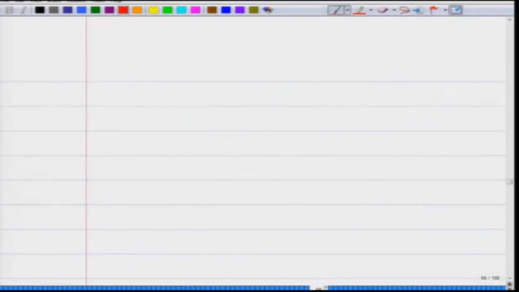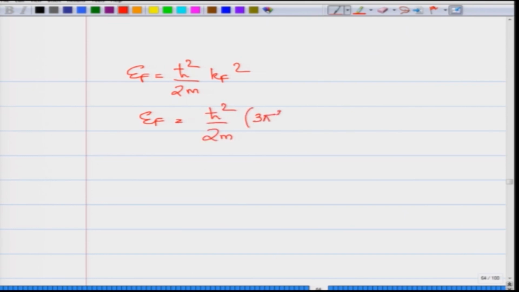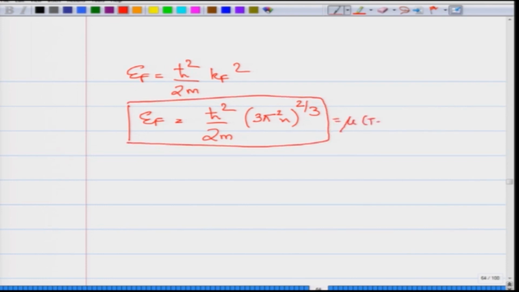And this also gives you the Fermi energy now, because you know that the Fermi energy is ħ²/2m kf². So now the Fermi energy is ħ²/2m (3π²n)^(2/3). This is nothing else but the chemical potential at T equal to 0 Kelvin.